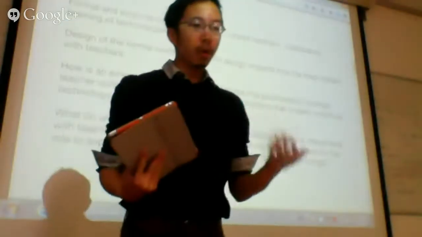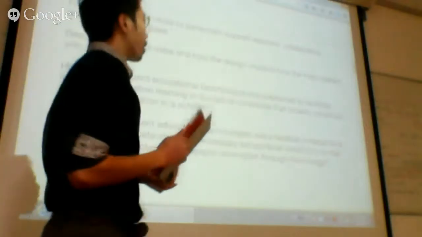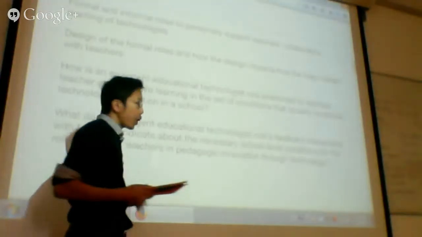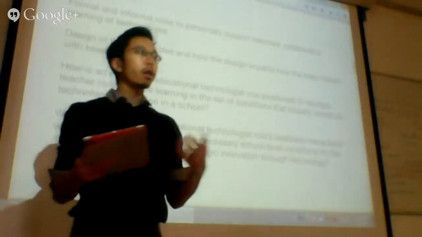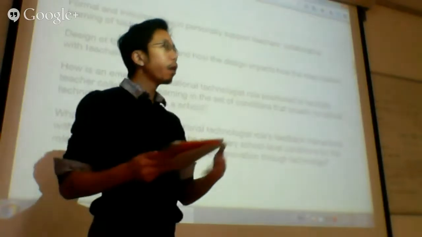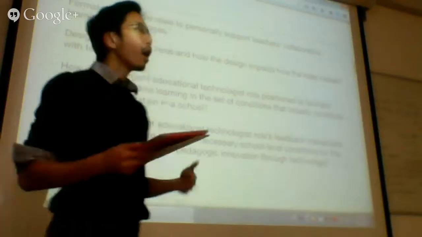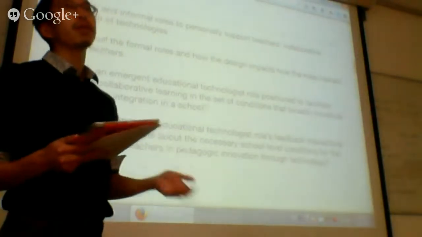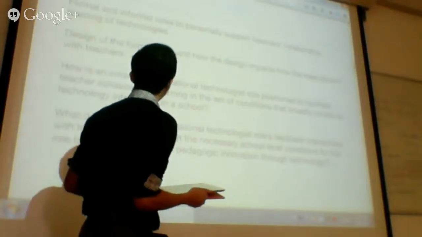So I'm talking about emerging educational technologist roles. For teachers to change the way they teach, they need personal support. There's a lot of literature on coaches and mentors and champions to help teachers learn new pedagogy and new content knowledge. We've seen this in maths and literacy, and we also see this in information technology these days.